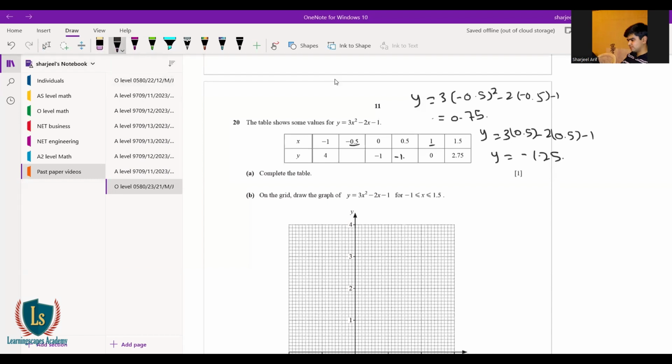So the two values will be minus 1.25 and 0.75.